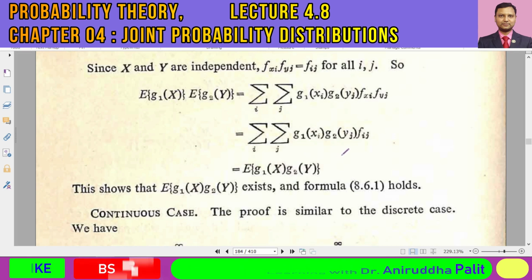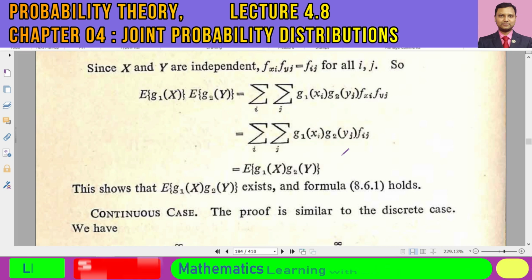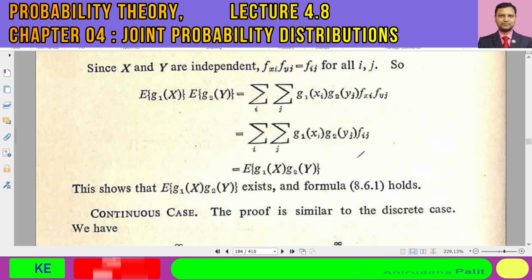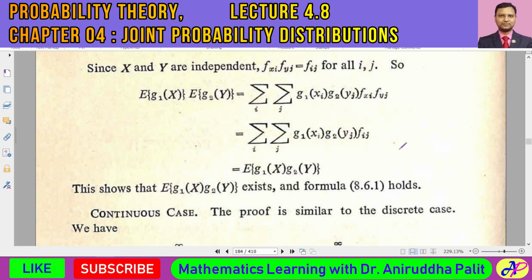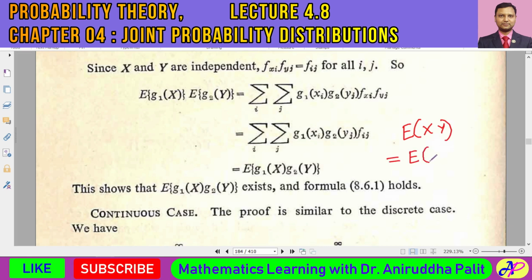So this is known as the multiplication formula of expectation, and this is true only when x and y are independent random variables. As a special case of this result, if capital X and Y are independent, in that case expectation of xy can be written as expectation of x multiplied by expectation of y.